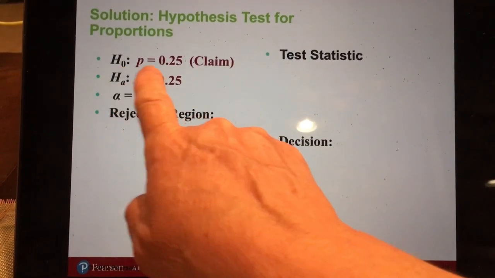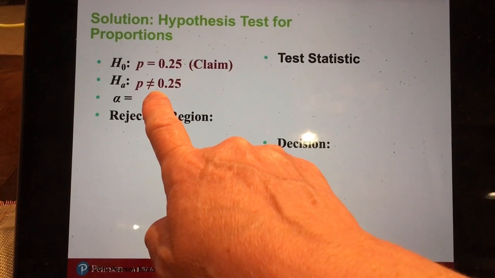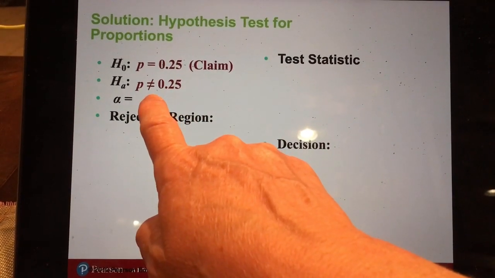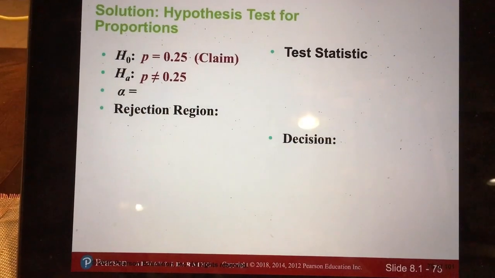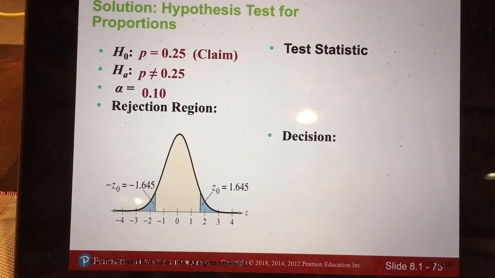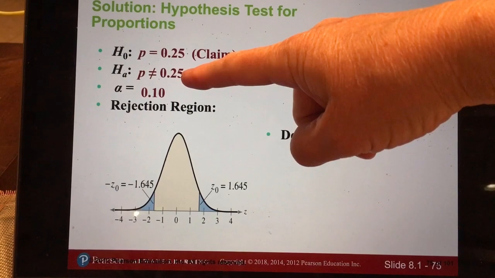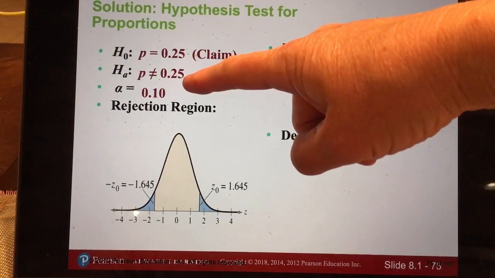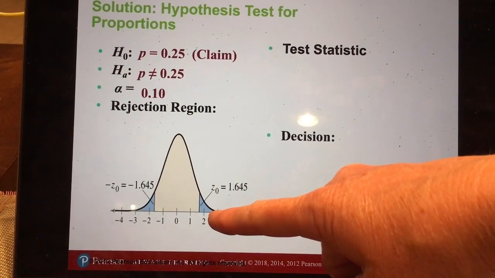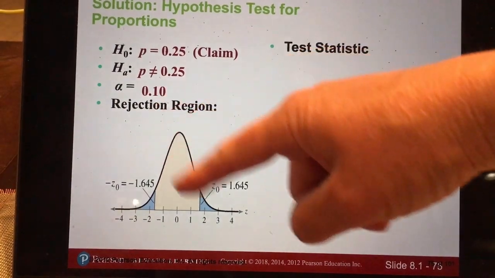Therefore, remember your H sub O will always be your equal. Your H sub A will always be your inequality. And together, they make up every option you have. Your alpha here is going to be 0.10. Since there is a not equal, it's a two-tailed test, and we're going to have to split this to go into each region.